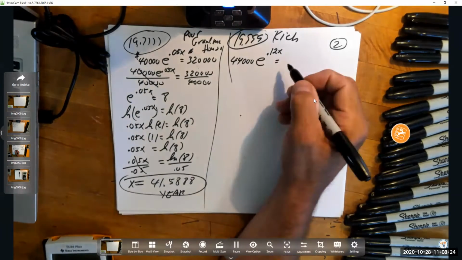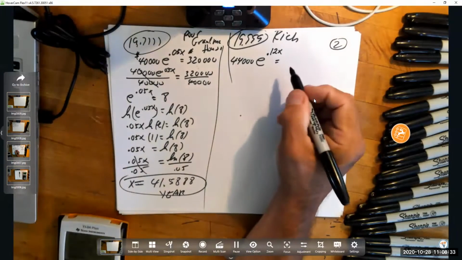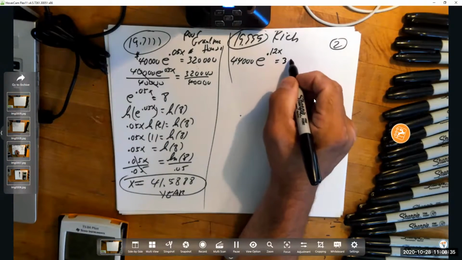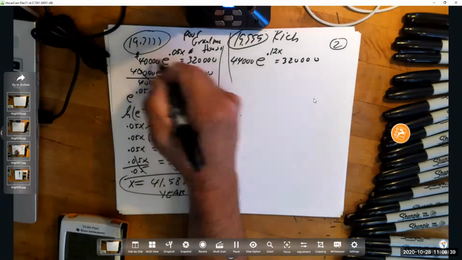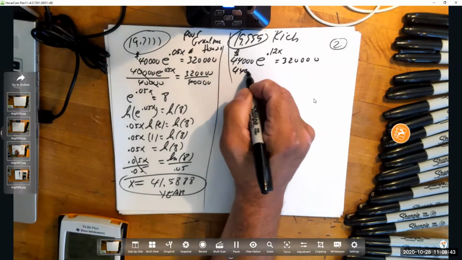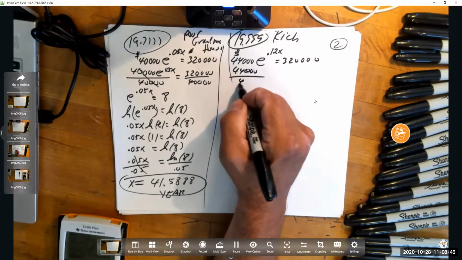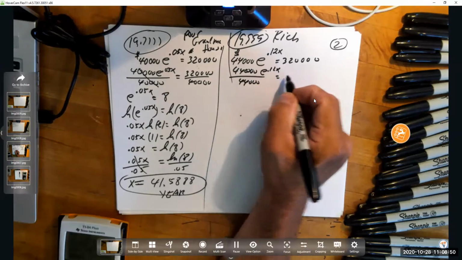Make it the same, 320,000. So now I'm gonna divide both sides by 44,000. This one by 44,000, and this one by 44,000.